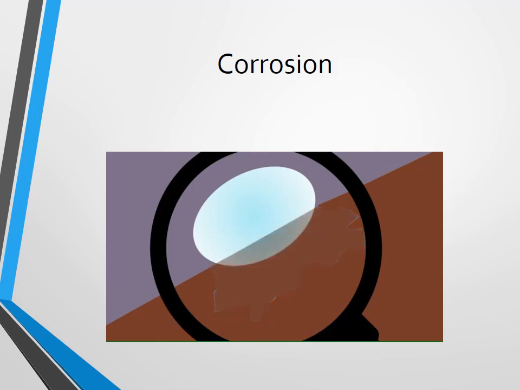Finally, iron 2 hydroxide reacts with water and oxygen to form iron 3 hydroxide, which is also known as rust. So here you see that rust is formed.